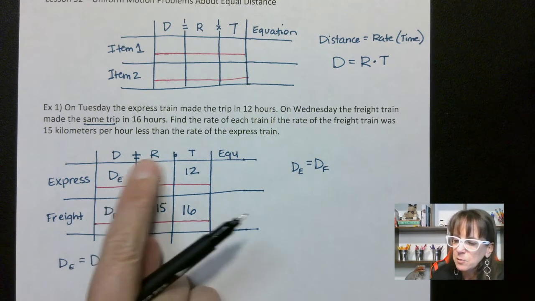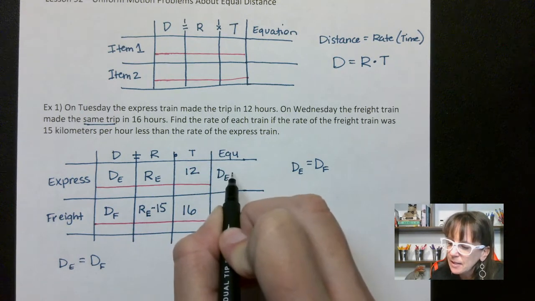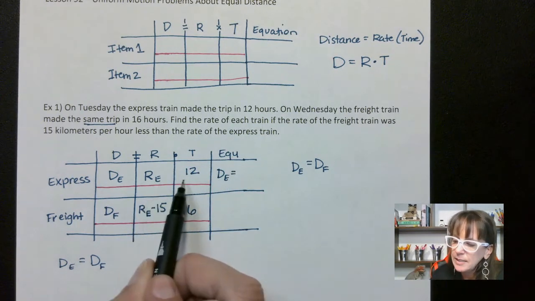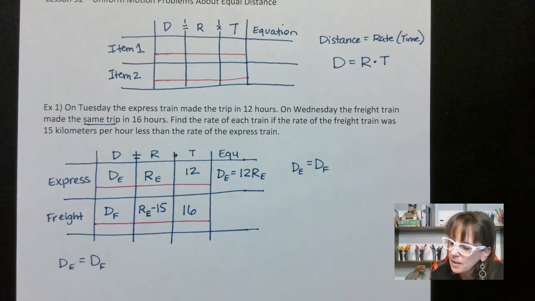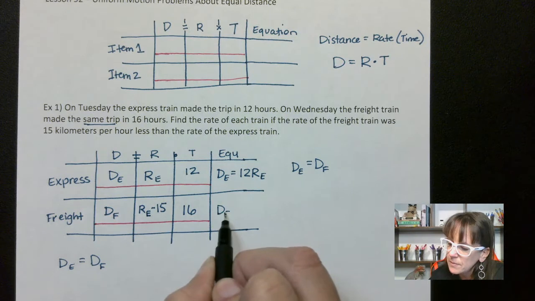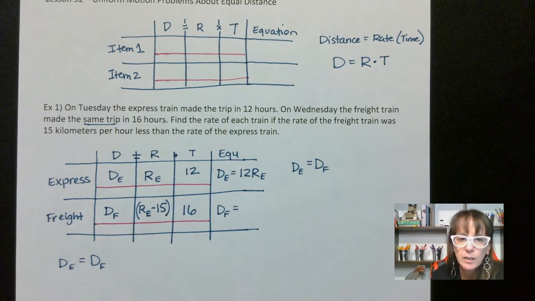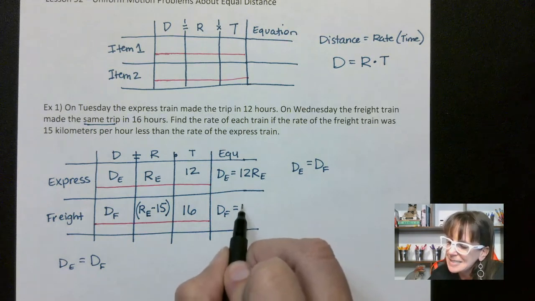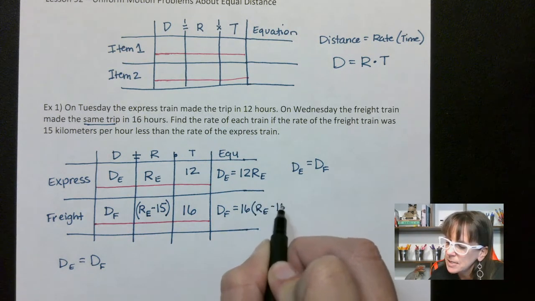Now, remember, distance equals rate times time, so we're going to write out our equation here. We have DE equals RE times 12. And to make it nice and clean, I'm going to write 12 RE. DF equals, and remember to use your parentheses because we've got a statement there, 16 times RE minus 15.